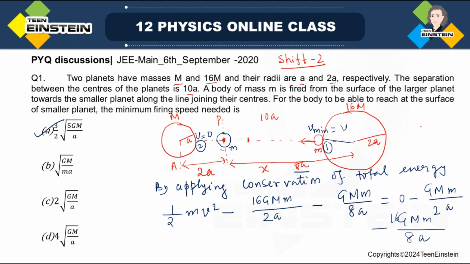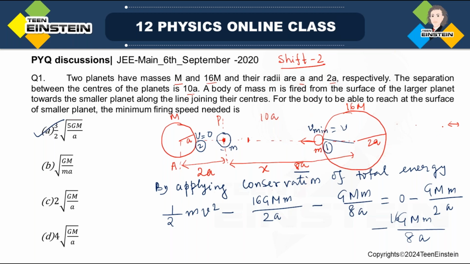So in the case of escape velocity of the earth, we just directly apply energy conservation. Potential energy plus kinetic energy, and at infinity the potential energy will be 0, right?